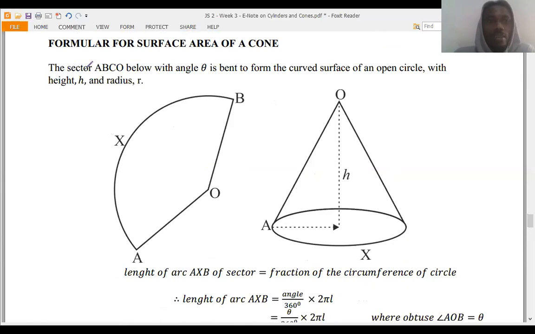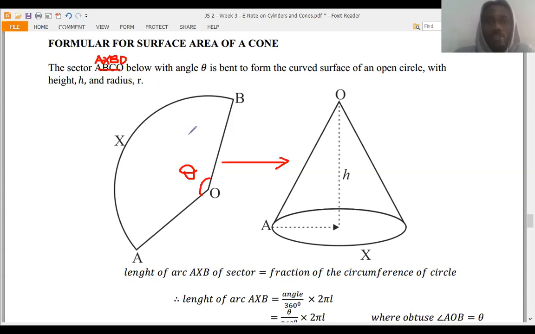The sector you see here, AXBO, with angle theta, is bent to form the curved surface of an open circle with the height h and radius r.